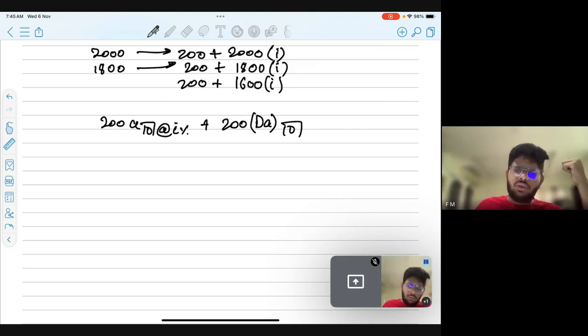I'm not sure this will give you the correct answer. Why? Because what we have to equate is the sum of payments, not the present value. Is it necessary that the present value will come to the same? It might still give you the correct answer, but I'm not sure. And first of all, it will be 200 i times (Da)10 at i%.